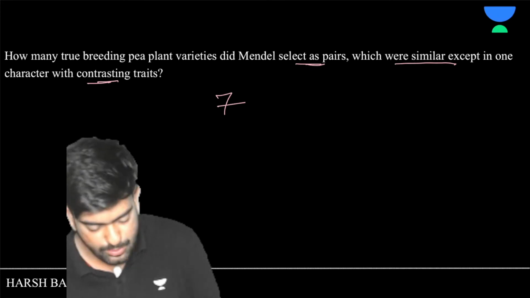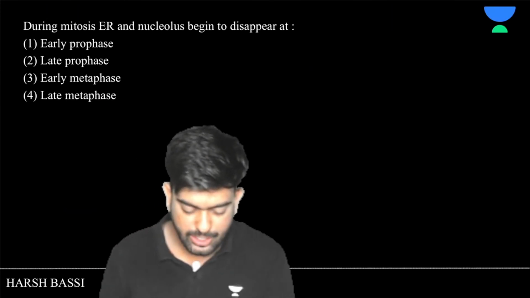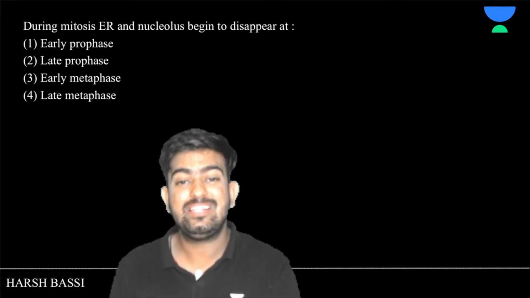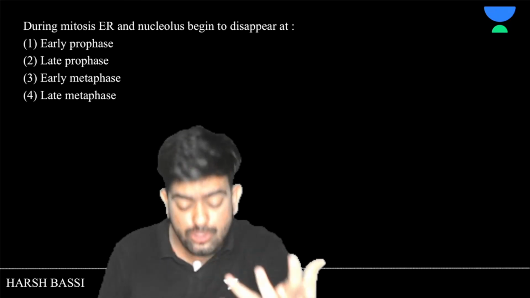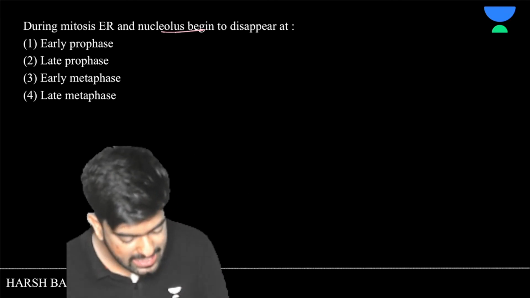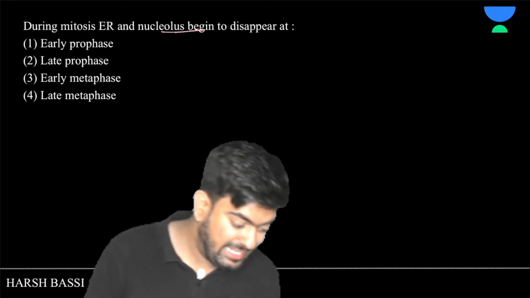Now, let's move on with another one. The question says that during mitosis, ER and nucleolus begin to disappear at early prophase, late prophase, early metaphase, or late metaphase.